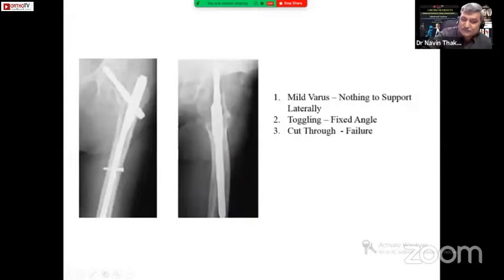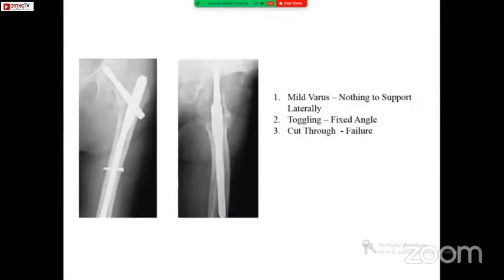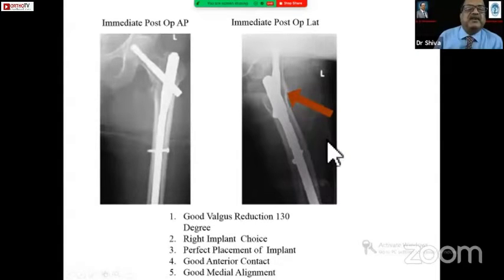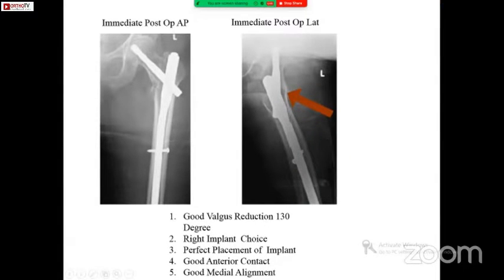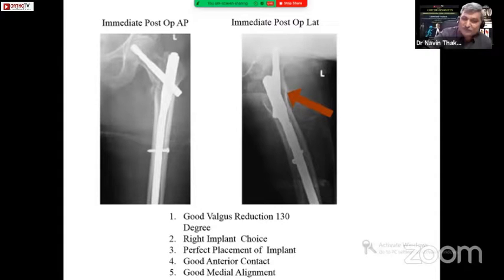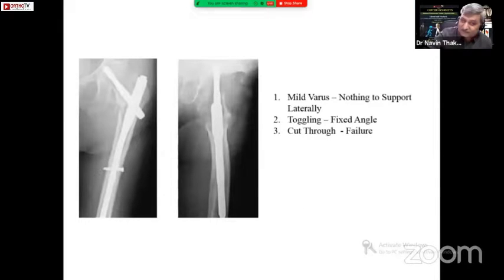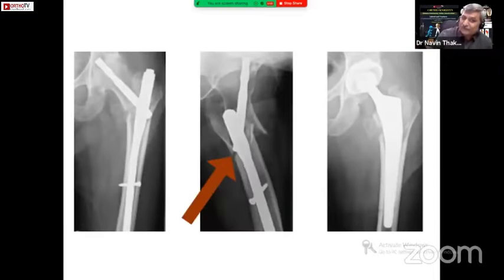This was the position. You have a first X-ray where there is a good reduction? This is the first X-ray, sir. No, these are two different cases. Same patient. No, I am not showing different patients, sir. I am showing the follow-up. Okay, fine. This is the follow-up when the varus has occurred, slight penetration had started, and later on the full penetration has started.